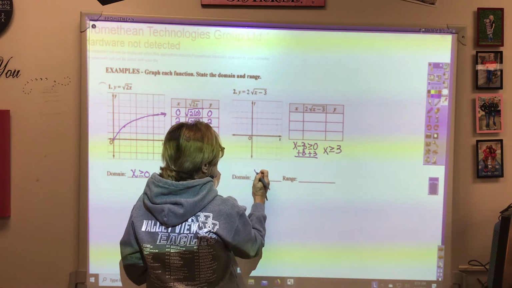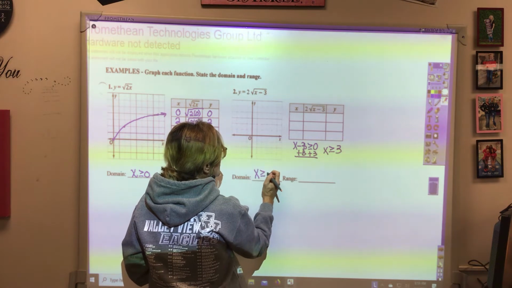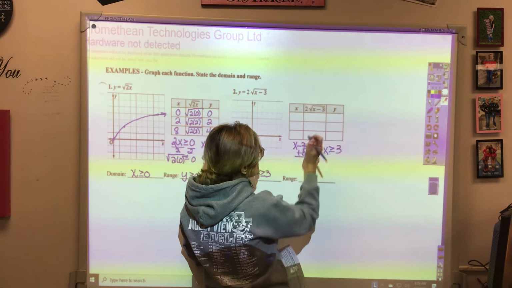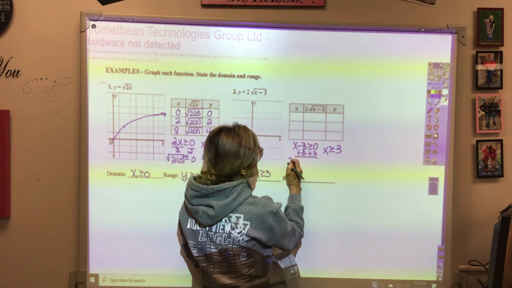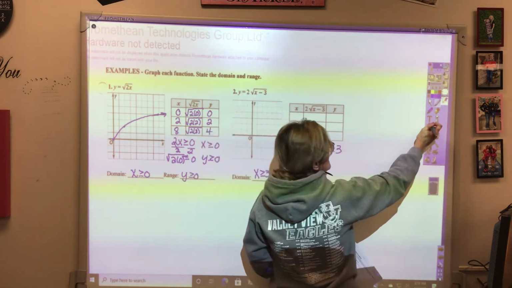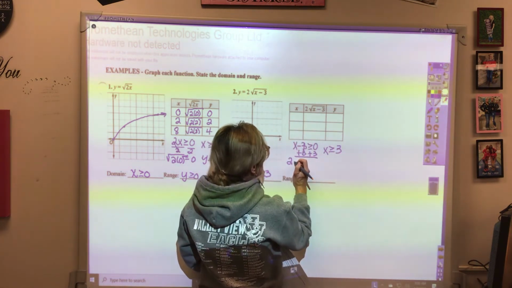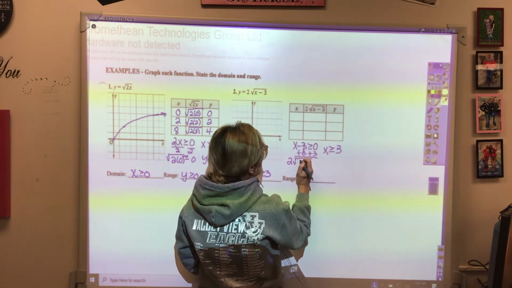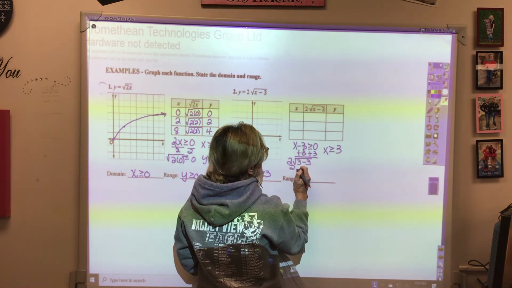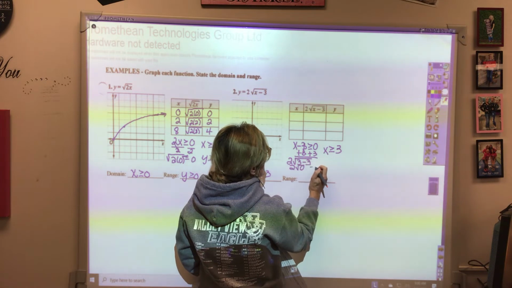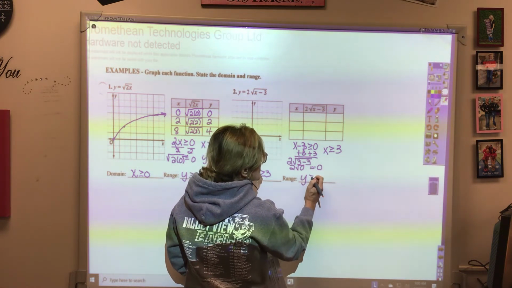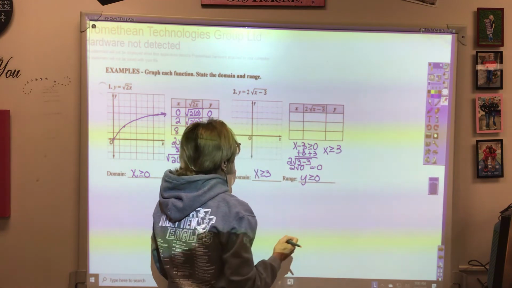Then you're going to take your whole function. This time there's a 2 out in front. So you plug in 2 times the square root of 3 minus 3. That would be 2 times the square root of 0, which is 0. y then is greater than or equal to 0.